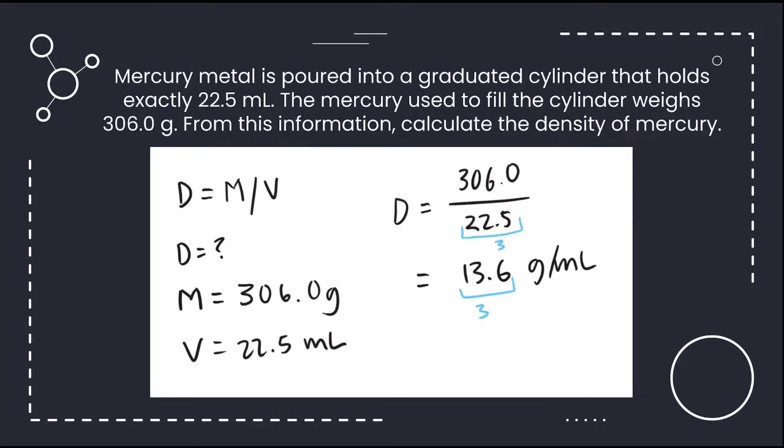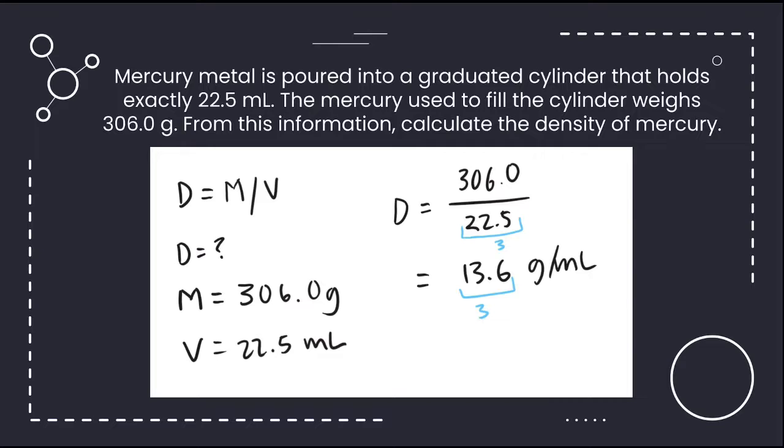From this information, calculate the density of mercury. Well, we need to find the density, and we know the mass is 306.0 grams, and the volume is 22.5 milliliters.